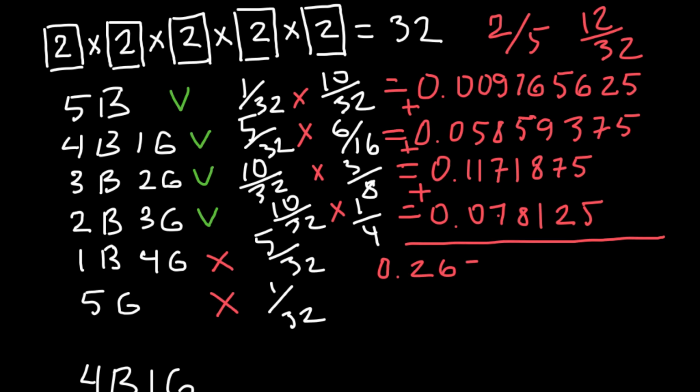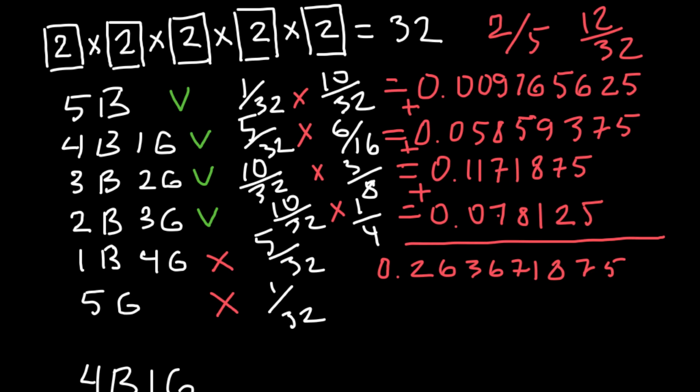0.26367875, and we have to give an answer in percentage form, rounded to 3 significant numbers. So we have to multiply this number by 100%, because this number is given on the scale between 0 and 1, and we have to give an answer in percentage form, so we have to multiply by 100, and of course round to 3 significant numbers.